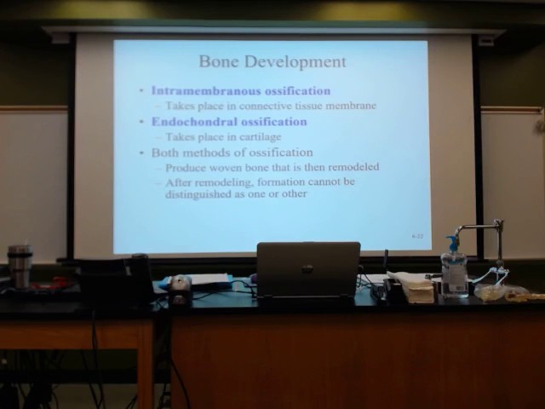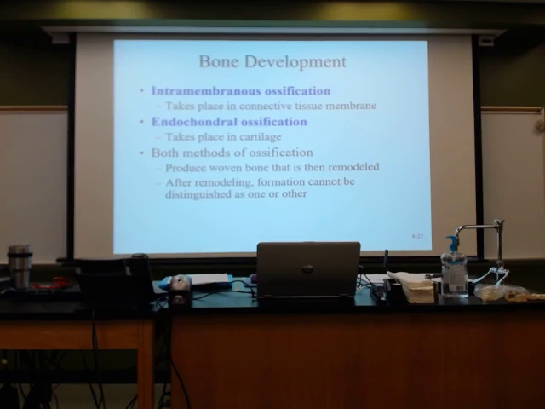Chondral tells us cartilage, and endo means inside. So we now have to see the ossification inside the cartilage. Both of these methods give us, hopefully, what we're going to see as an adult, which is compact bone surrounding spongy bone. That is the goal.